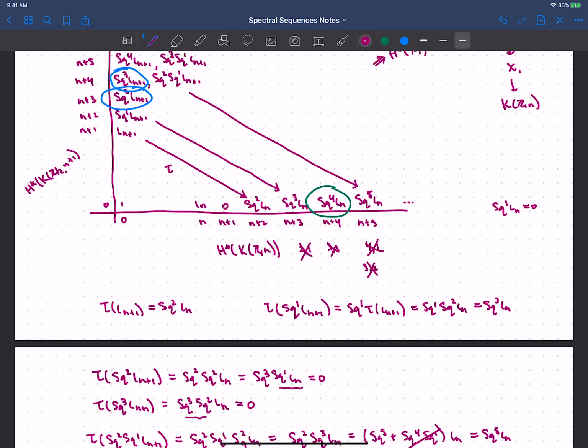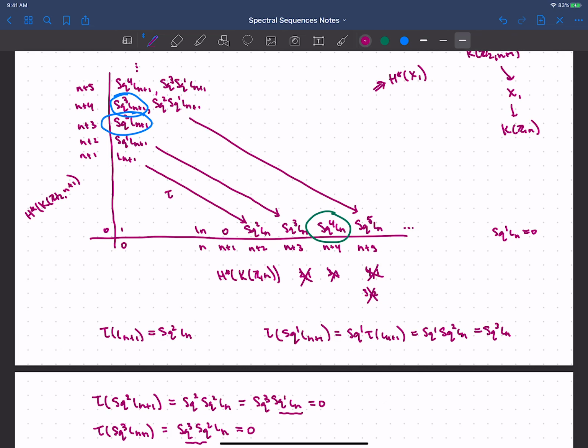And that's going to be something that lives to the E infinity page, and so lives to the cohomology of X1, the thing we're converging to. Okay, and so already we see that we do know the cohomology of X1, at least in a range.